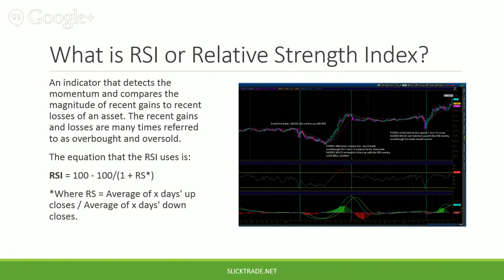And the equation that RSI uses is RSI equals 100 minus 100 divided by 1 plus RS. RS is the average of a certain amount of days up closes versus the average of a certain amount of days down closes.